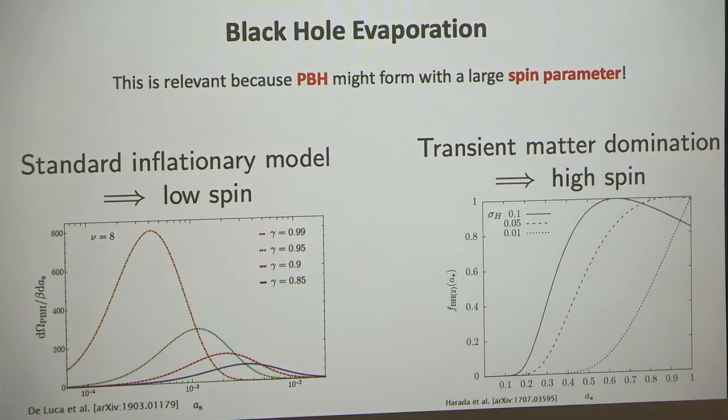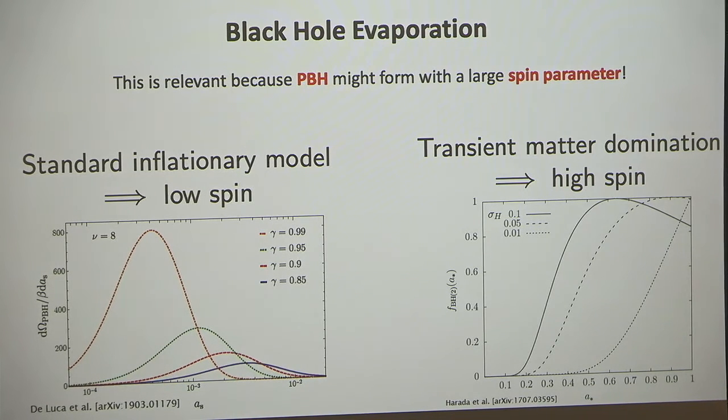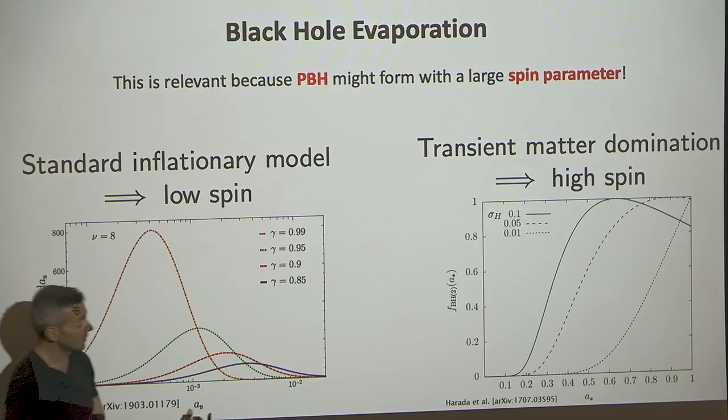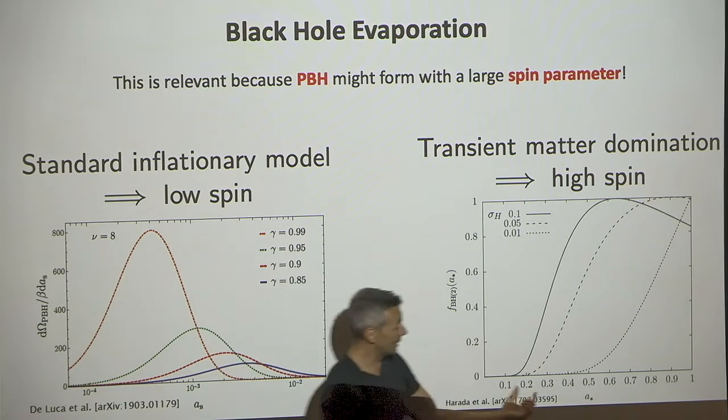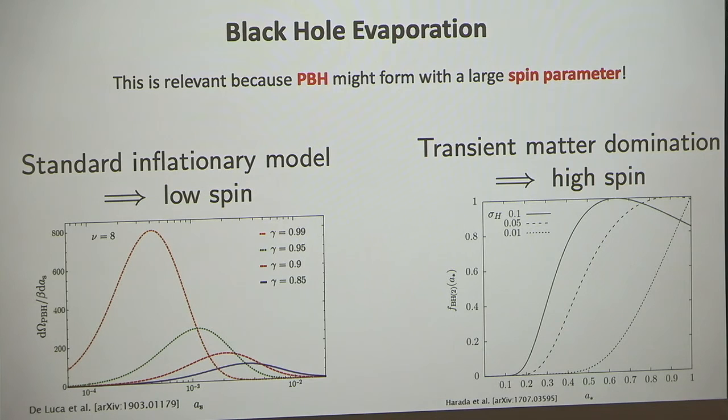Completely opposite is the case where black holes form in an early matter domination era. In that case, Harada et al. in 2017 have shown that a star tends to be very, very close to maximal. Again, I don't have an intuitive reason for why that is.